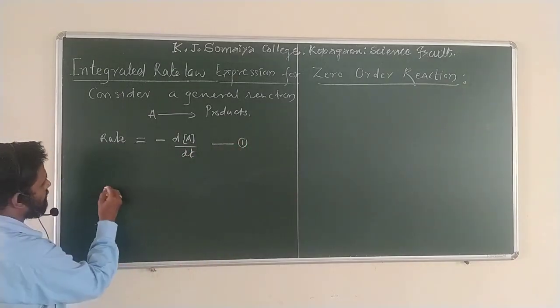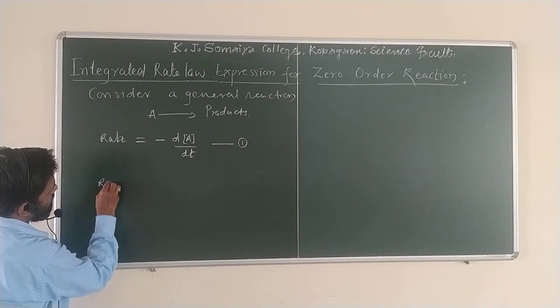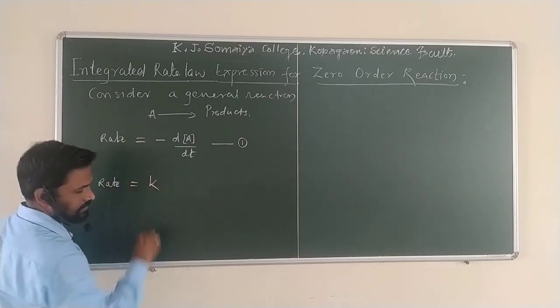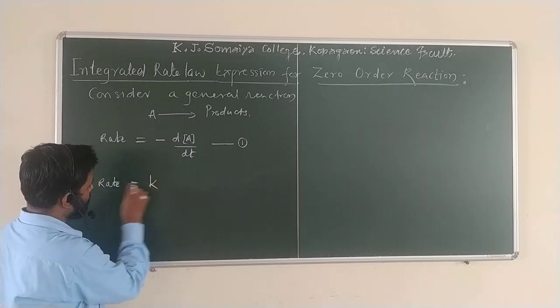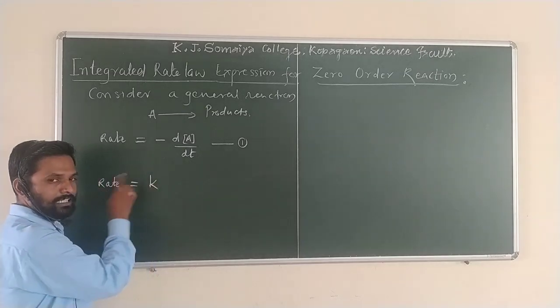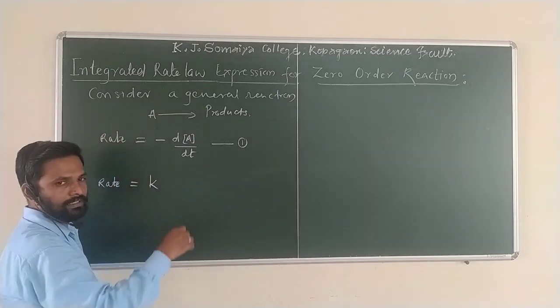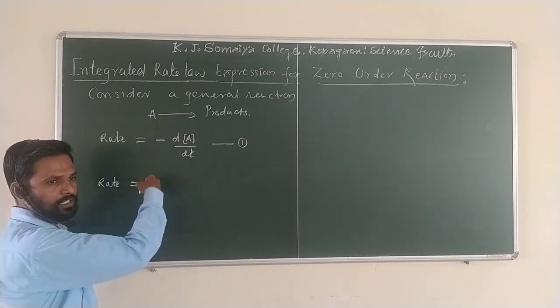The rate can also be written in the rate law form. We know that, as per the rate law, the rate of any reaction depends on the concentration of the reactant molecule at that time.